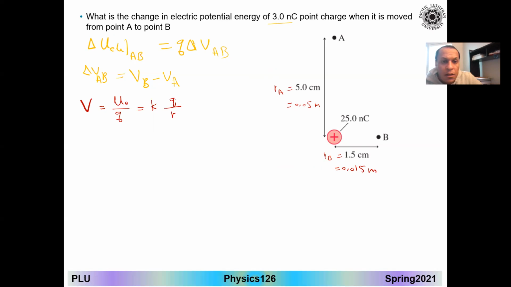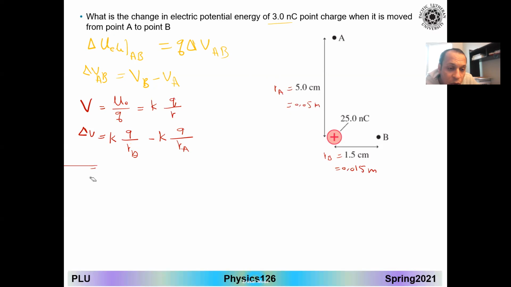Now let's find delta V. VB is basically K multiplied by Q divided by RB, minus VA, K Q divided by RA.